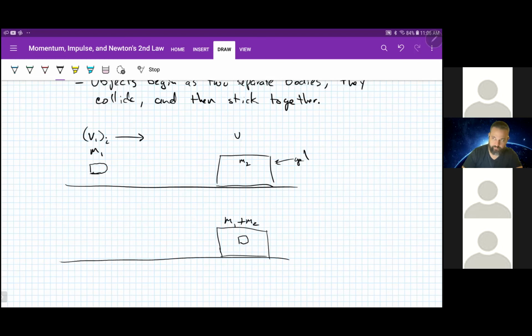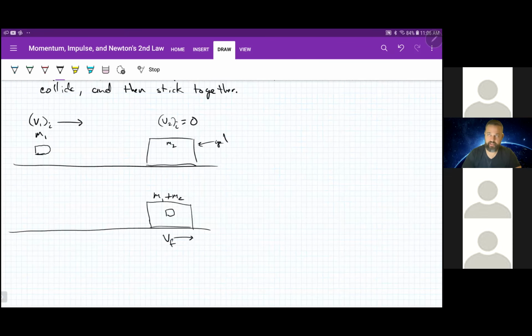The initial velocity V2 would be 0. And then over here we have one combined velocity, V final. So up here, this would be the left-hand side of our equation, right?